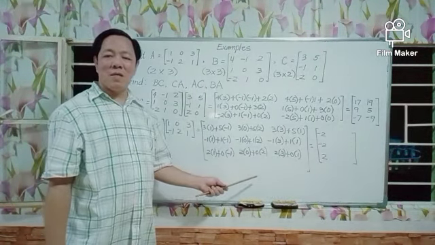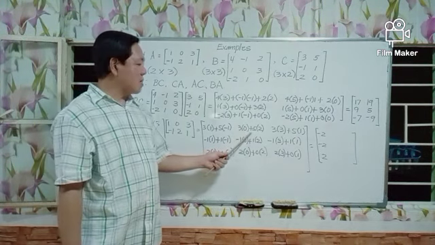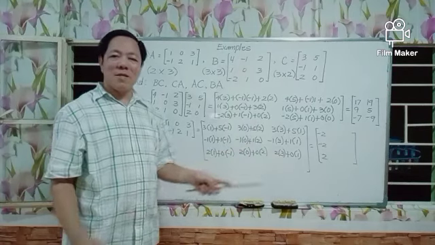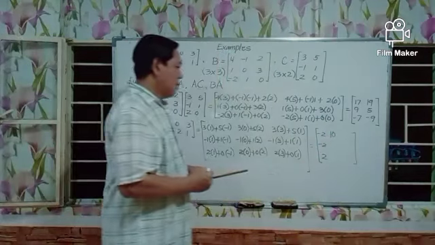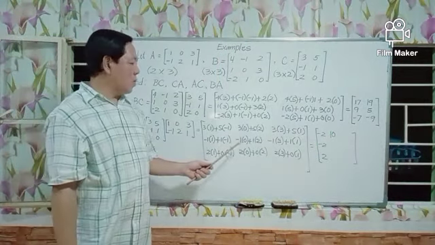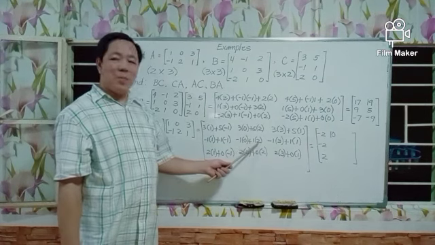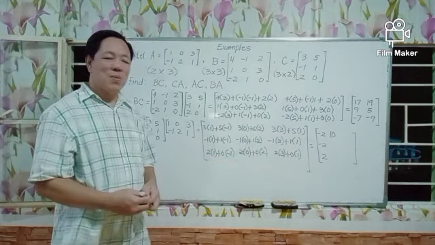Entries of the second column, 3 by 0 is 0 plus 5 by 2 is 10, or 0 plus 10 is 10. Next entry in the second column, negative 1 multiplied by 0 is 0, plus 1 multiplied by 2 is 2, or 0 plus 2 is 2.